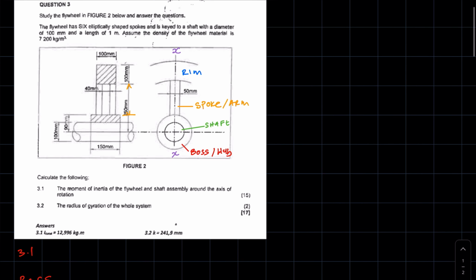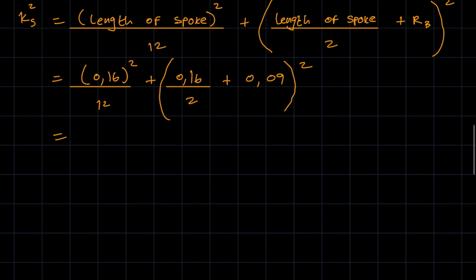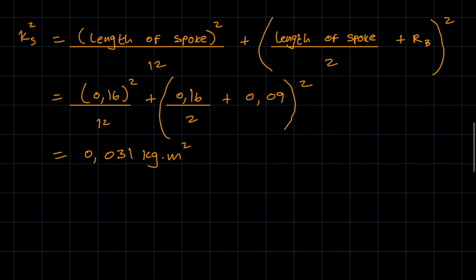Remember, the radius of the boss is this one here, from here to there, which is that 90 millimeters. So this would be plus 0.09, all of this squared. Now punching this in your calculators, we are going to get 0.031 kilogram meter squared.